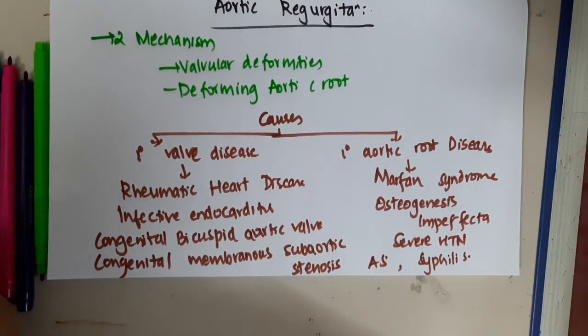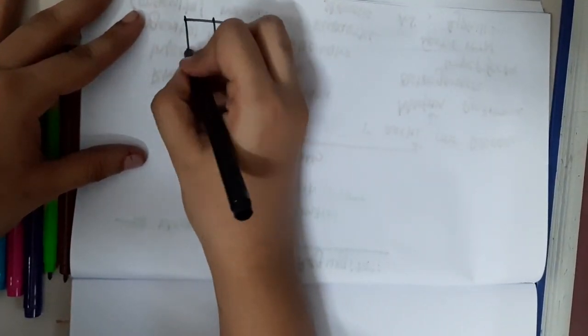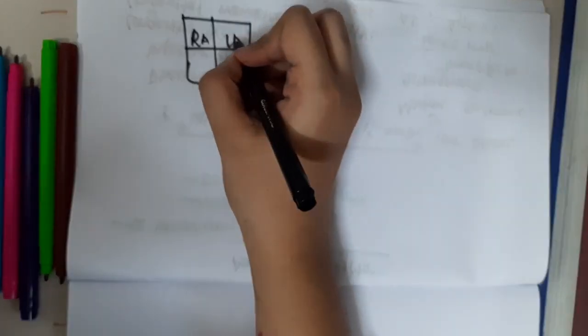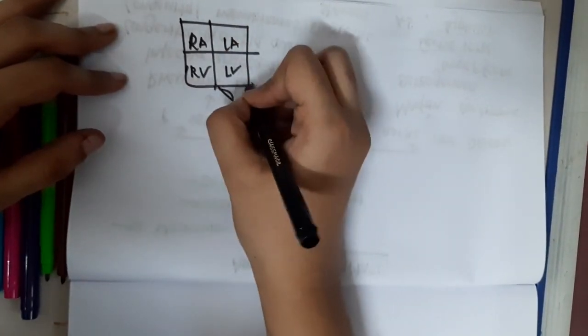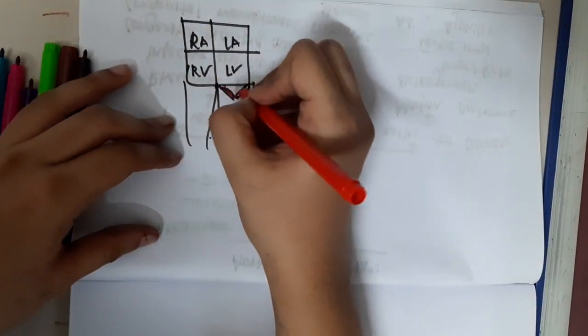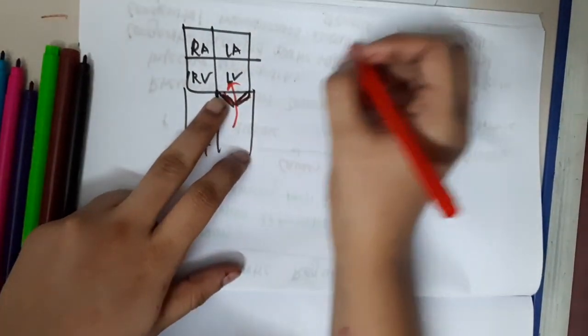Now in aortic regurgitation, there are many signs. So first, this is the heart. This is the aorta, right atrium, left atrium, right ventricle, left ventricle. Here there is the aortic valve. Because of the aortic regurgitation, there is backflow of blood from the aorta to the left ventricle.